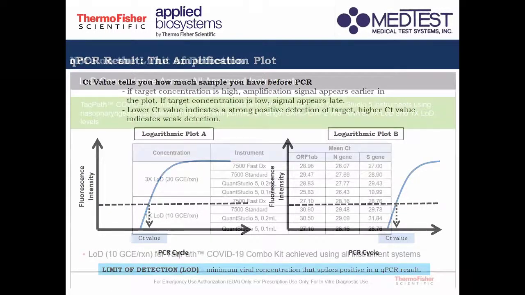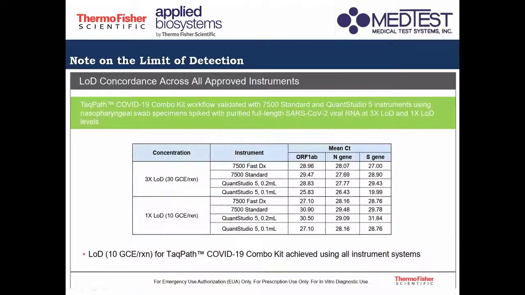So for example, in our kit, the TACPAT COVID-19 combo kit, the limit of detection, which is the smallest amount that can be detected by the qPCR instrument, is at 10 genome copy equivalents per reaction. So, ibig sabihin, at least 10 copies. Kung meron kang 10 copies doon sa samples mo, madedetect siya ng instrument.